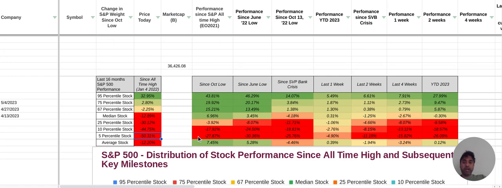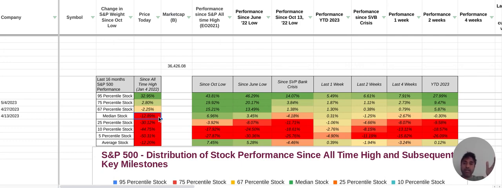Still 50% down from the S&P all-time high, and in the YTD they're still 25% down. Whereas if you look at the median stock, this row here, it's 12% down. So you take the top 50%, so it's 250 stocks, and the rest of them, right?